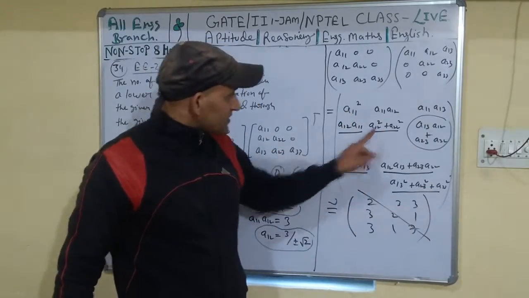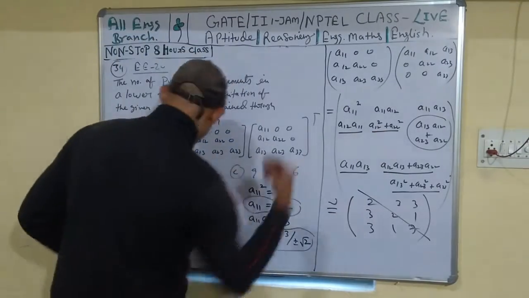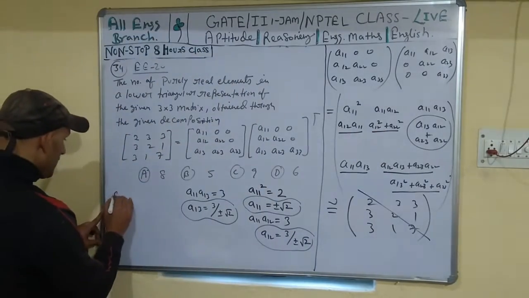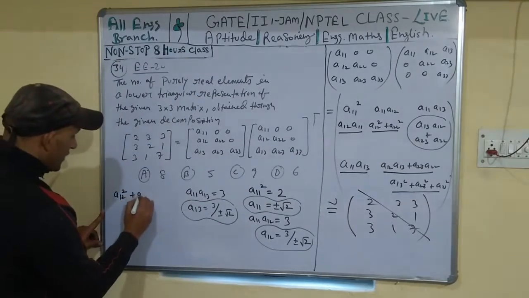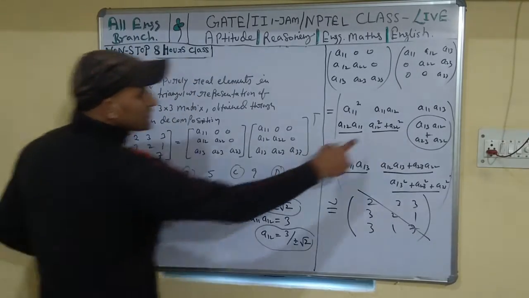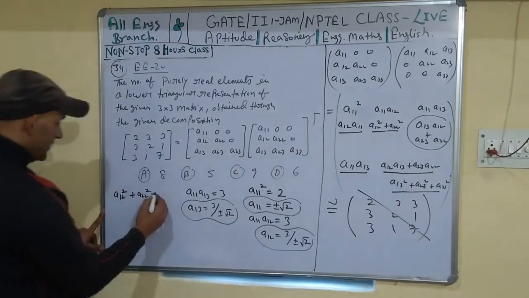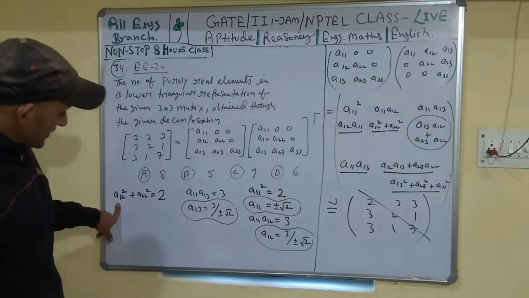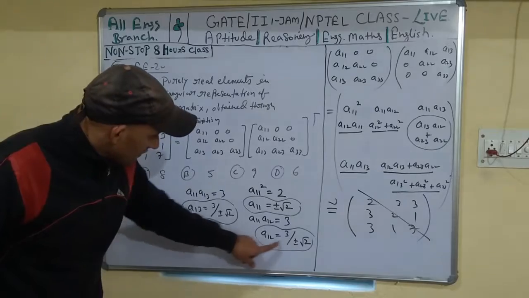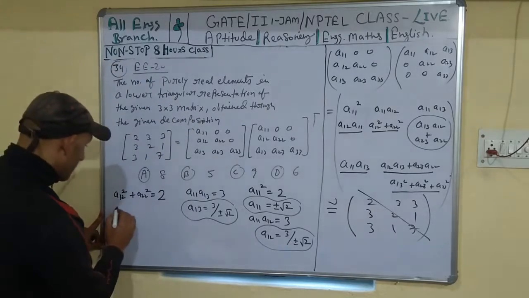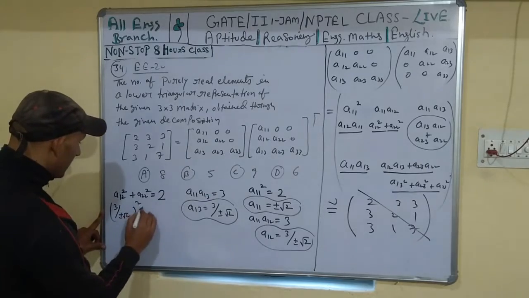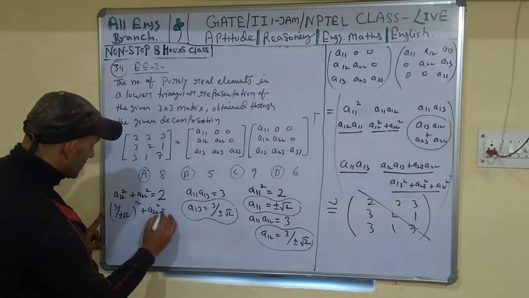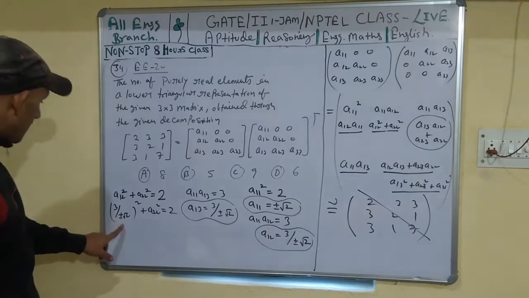So what is this? Let us check it. Your A12 whole square plus A22 square is equal to 2. Now, what is A12? A12 is 3 upon plus minus square root of 2, whole square, plus A22 square is equal to 2. So this is 9 upon 2.